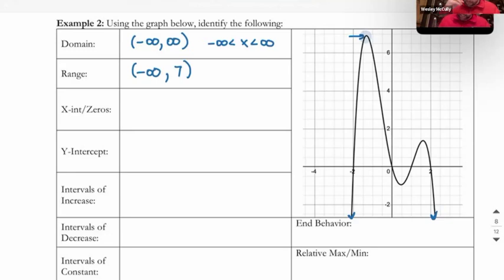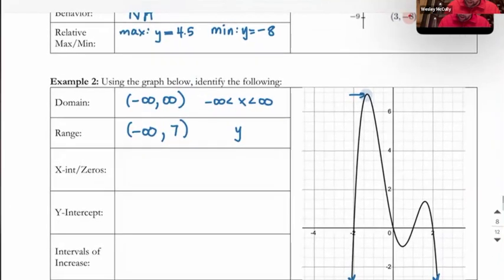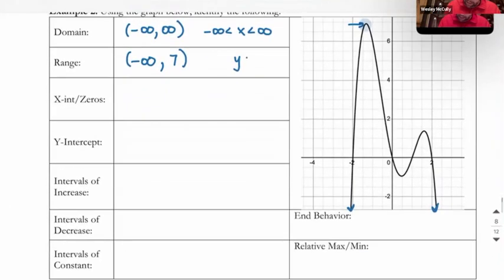In interval notation, we have all y values that are less than or equal to 7. Notice how we don't have a compound inequality. It's just one-sided. It goes from 7 down forever and ever. So every y value that is less than or equal to 7.